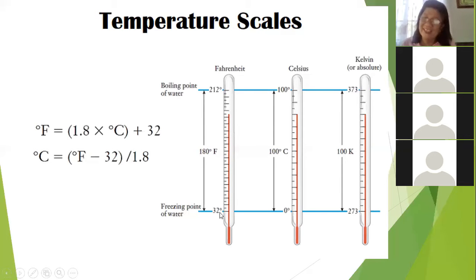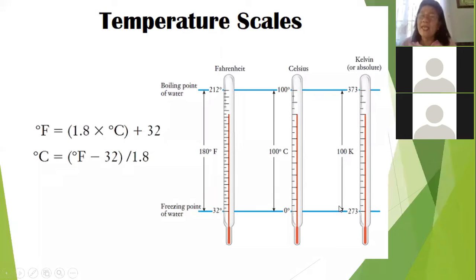So what will be the equivalent in Kelvin? That is 273. How are you going to solve for Kelvin? Kelvin is equal to whatever is given in centigrade plus 273.15.